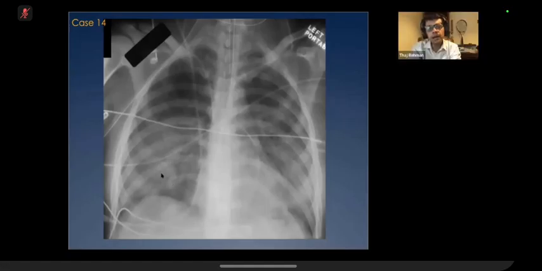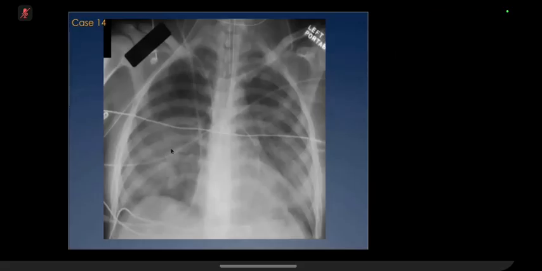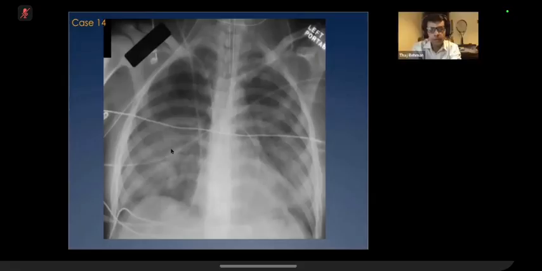Air crescent sign. Yeah. So there is air crescent sign on a background of extensive lung consolidation. Diagnosis? Aspergillosis. Yeah. So as you correctly identified, said earlier, air crescent sign can happen in acute invasive aspergillosis as well.